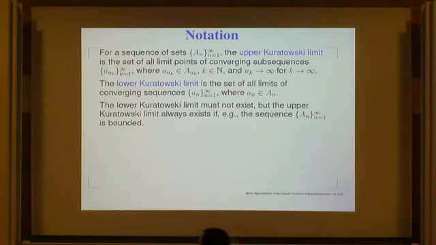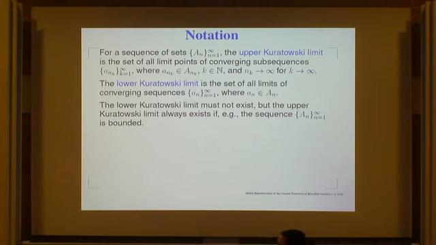The upper Kuratowski limit is all limits of all subsequences. So this means I can always take a subsequence which takes only the odd numbers, and then I will get this entire set. But then I can also take subsequences that only have the even numbers, and then I get also this. But then it's clear that I cannot get more than the two sets together.